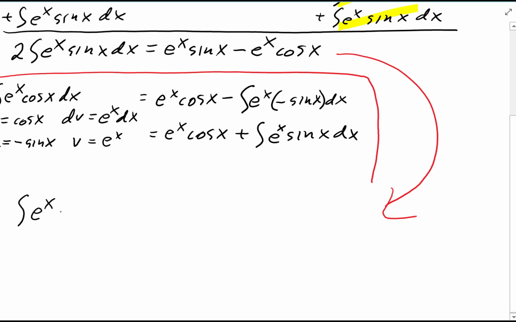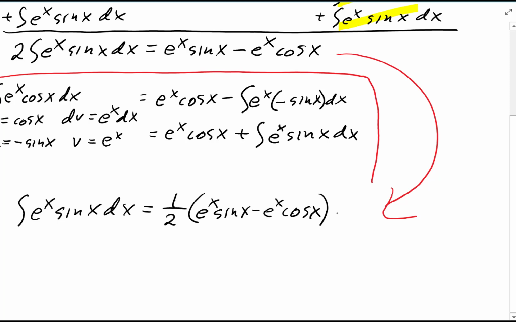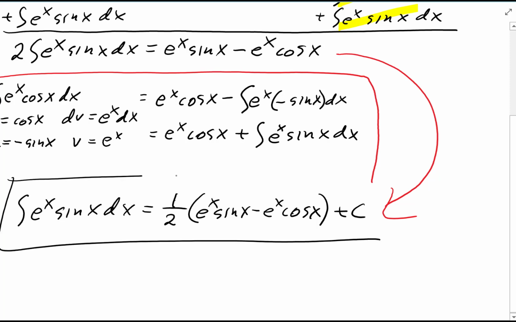So our final answer is the antiderivative of e to the x times sine x is 1/2 times e to the x sine x minus e to the x cosine x plus c. And we're finished.